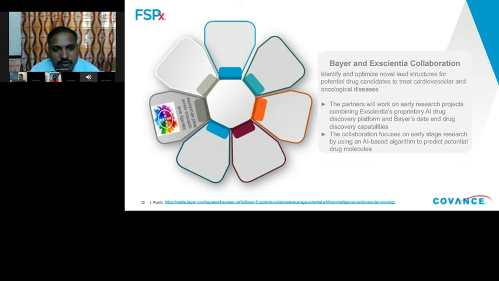In this collaboration, Bayer's data is read by Exscientia's AI platform. Exscientia will read all the data available from Bayer, and they will create some algorithms based on which they can find new treatments for cardiovascular and oncology trials.